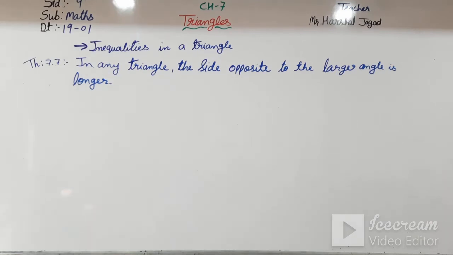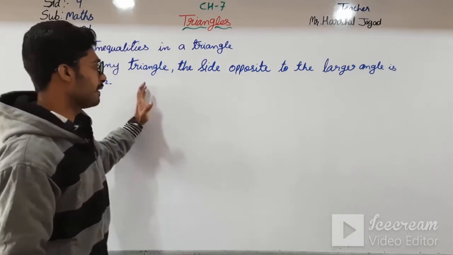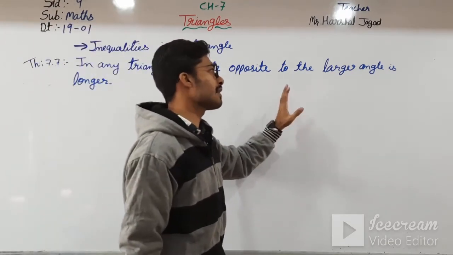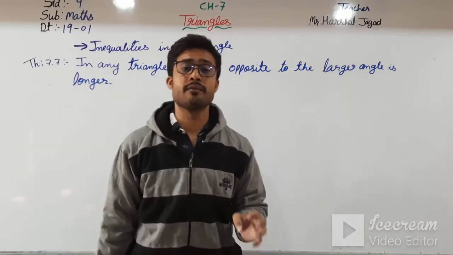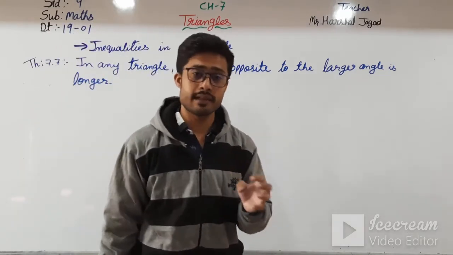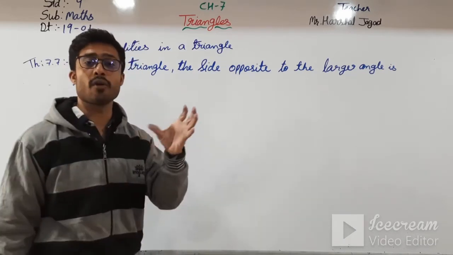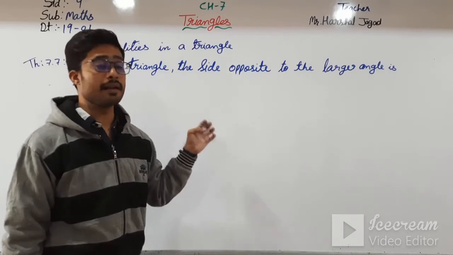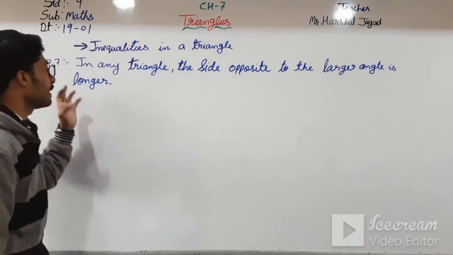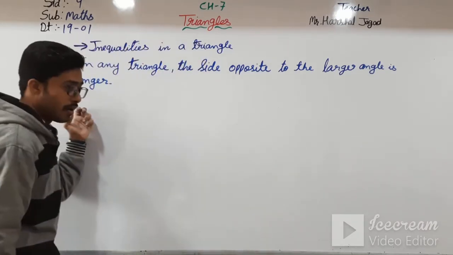In theorem 7.7 we are telling that in any triangle the side opposite to the larger angle is longer. In the previous theorem, what have we studied? We studied that the side which is longer has a larger angle opposite to it. In this one, the side opposite to the larger angle is longer.